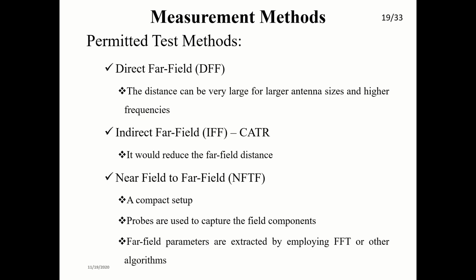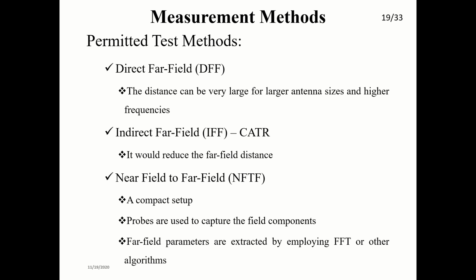Next, there are different measurement methods available. One is the direct far field method. The other is the indirect far field method, and near field to far field conversion. For the direct far field method, you keep the device under test and the transmitting antenna at a distance of 2D squared by lambda.